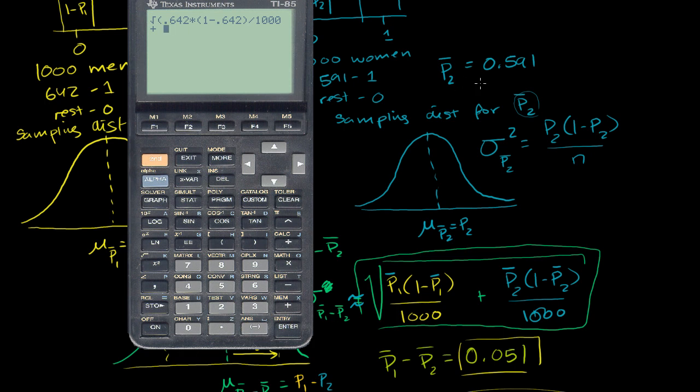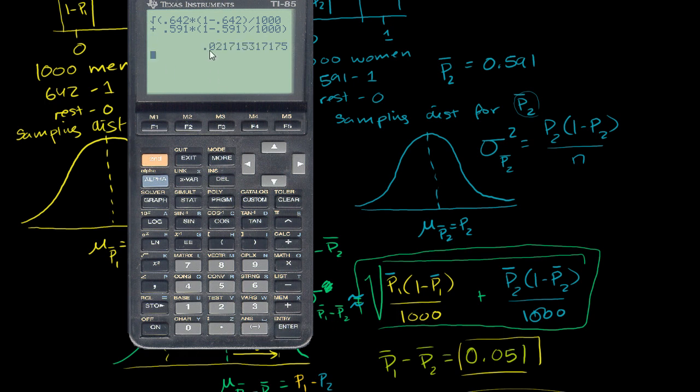Our sample proportion is 0.591, times 1 minus 0.591. So that's this term right over here, divided by 1,000. Then we just need to close the original parentheses, because we're taking the square root of everything.